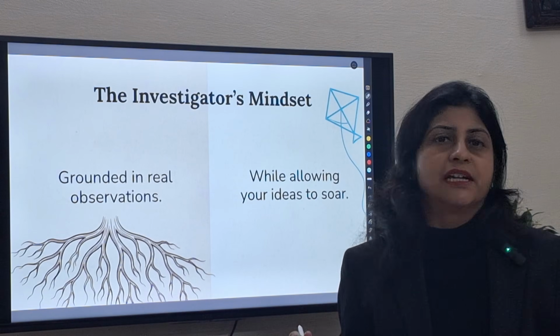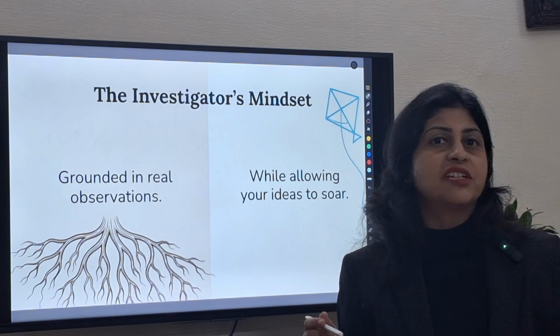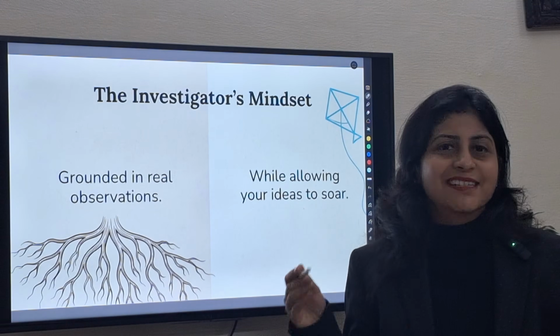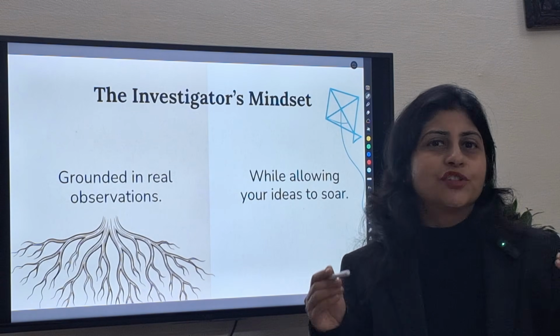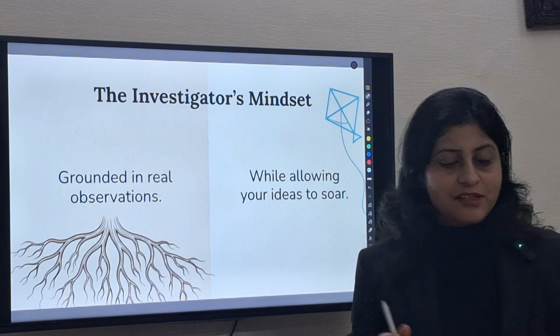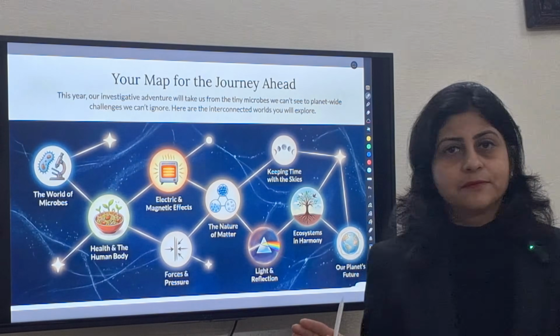Now, what do they symbolize? They symbolize that along with your curiosity flying high up in the sky like a kite, your roots should be grounded. Your knowledge should be grounded. So this is what we mean by an investigator's mindset.